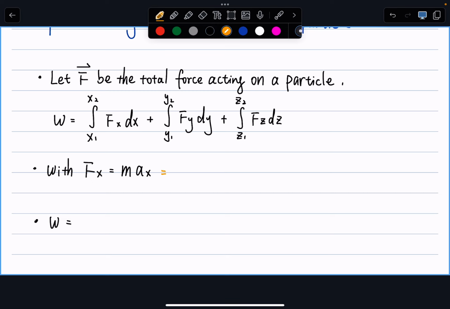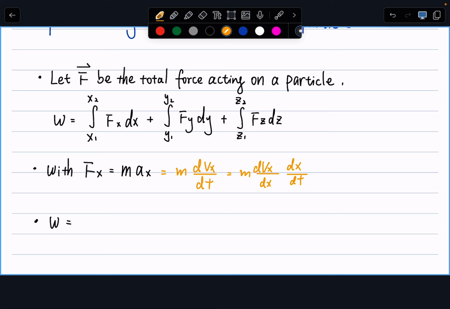You can further write it as m dvx over dt, which is acceleration. That also equals m dvx over dx times dx over dt, because dx and dx cancel out, you get dvx over dt.